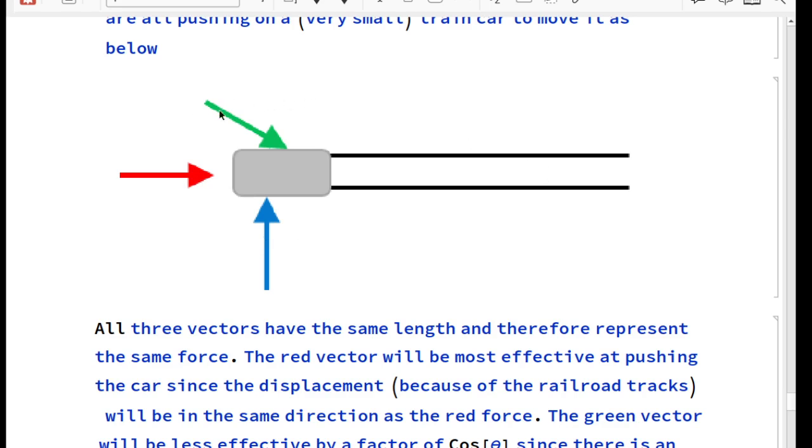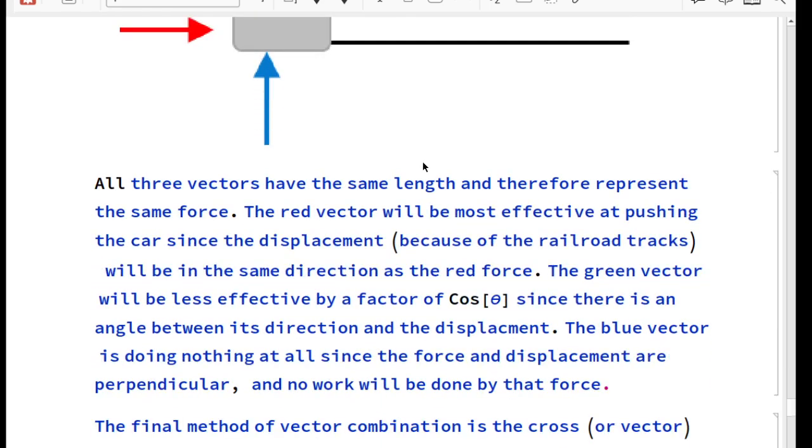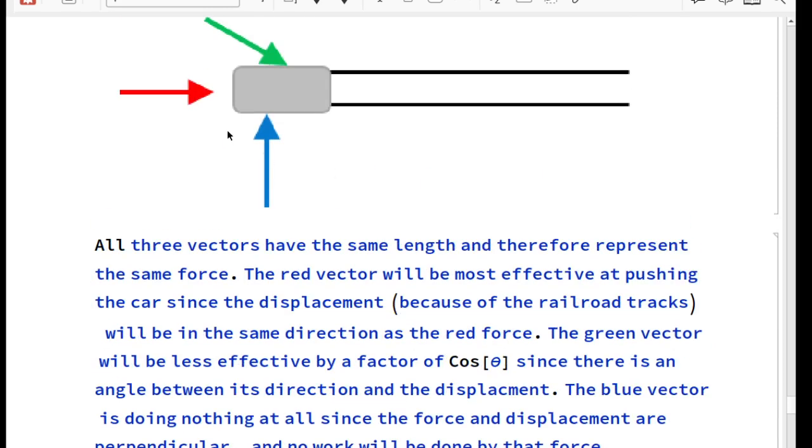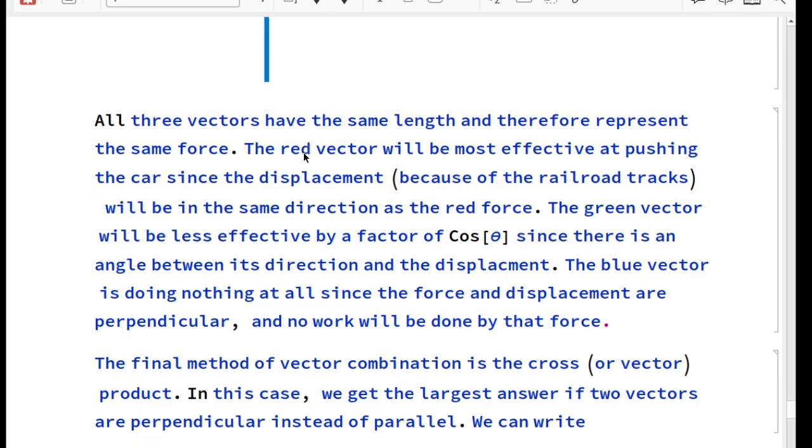The green vector is less effective since part of that force is dedicated to trying to tip the train car over. And the blue vector will do absolutely nothing to help because it's all directed in tipping the car over. None of it is in the direction of motion. So again, the reason is the blue and the red vectors are perpendicular, so there won't be a dot product between them. You'll just get 0.